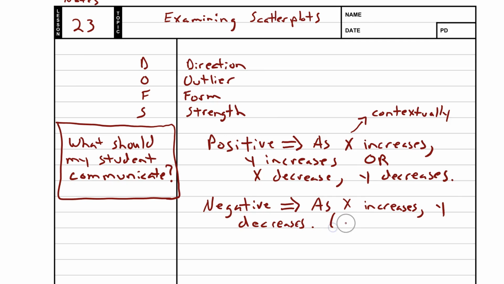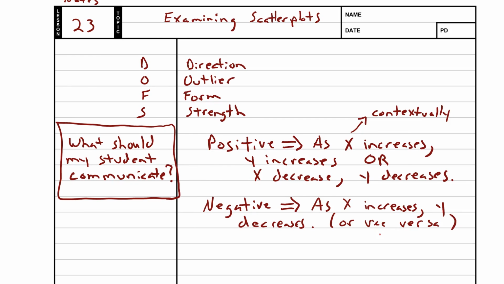Or vice versa, X decreases, Y increases. Typically, as we do in algebra, we're moving from left to right. So as we read, as X increases, Y decreases. But these other two also indicate their particular trends.